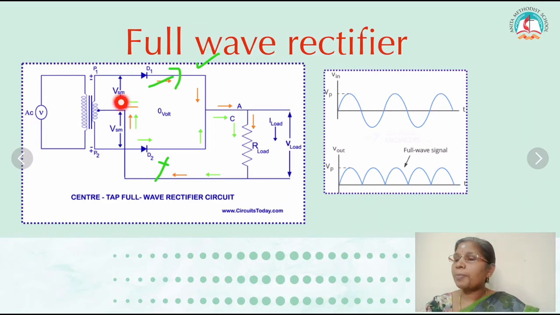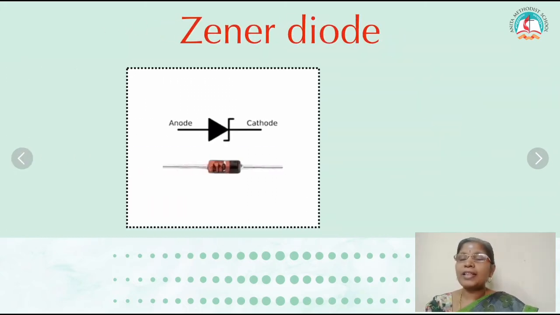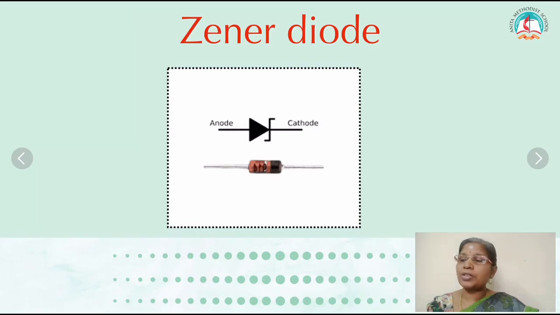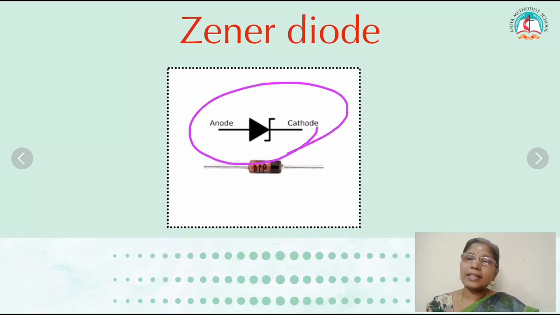So when you apply the positive or the negative voltage, both times you get the output voltage. So it is called a full wave rectifier. The efficiency is 2 times that of the half wave rectifier, so the efficiency value is equal to 81.2%.